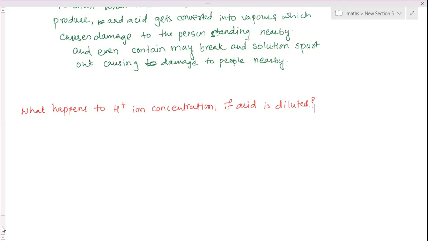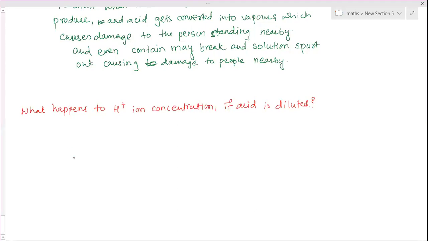Don't get confused if I'm making you confused; try to adhere to your answers. Concentration means a percentage. The percentage will decrease. The number of particles remains the same, but the total solution quantity has changed.